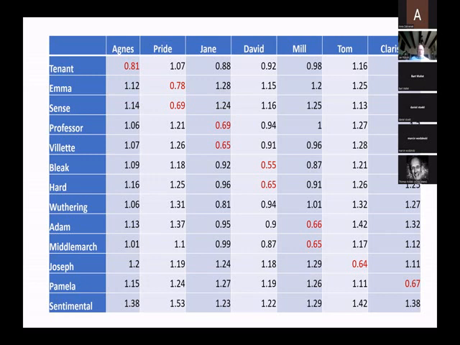Would that work for Dickens as well? David Copperfield has the smallest distance from Bleak House and Hard Times. Do you see what's going on? And this is true of all those red colored numbers.